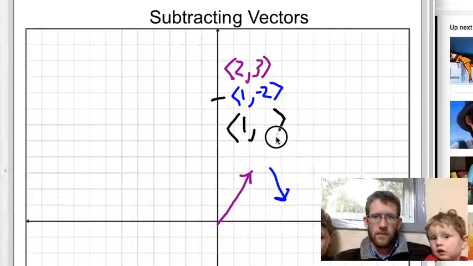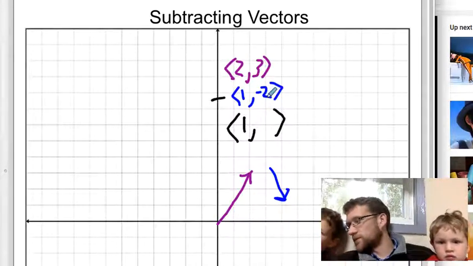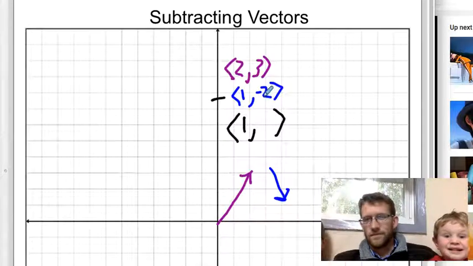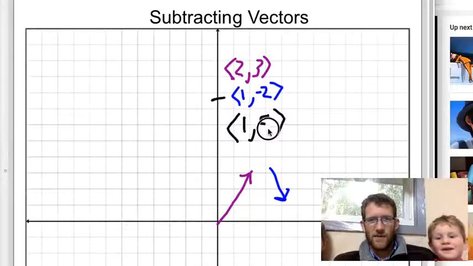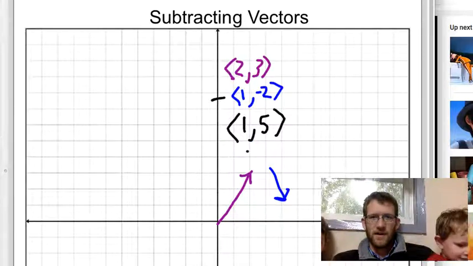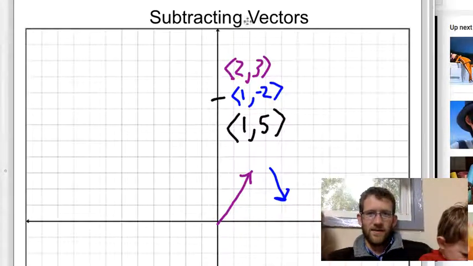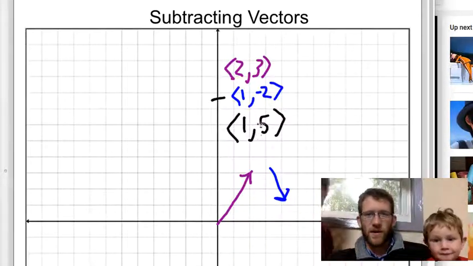Tricky one. No, that's 3 minus regular 2. What's 3 minus a negative 2? 5. Whoa, good job. I'm impressed. When did you learn how to subtract negatives? I just basically guessed. Yeah, it's kind of like reversing it. Okay, so 1, 5 is our new vector.